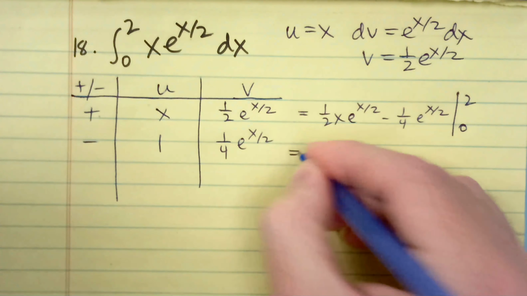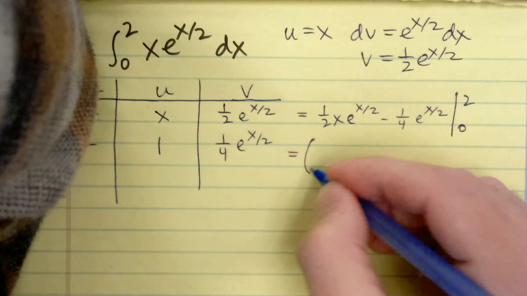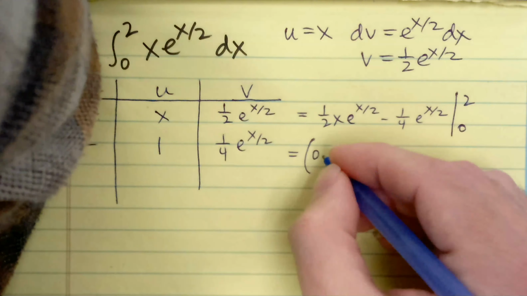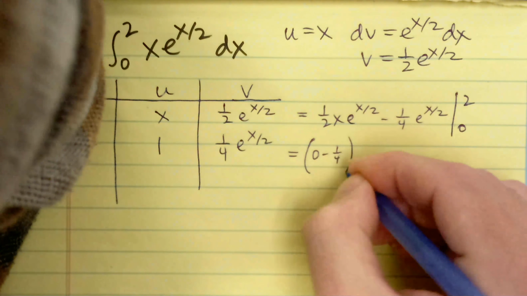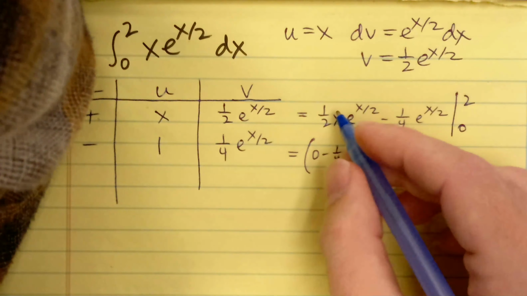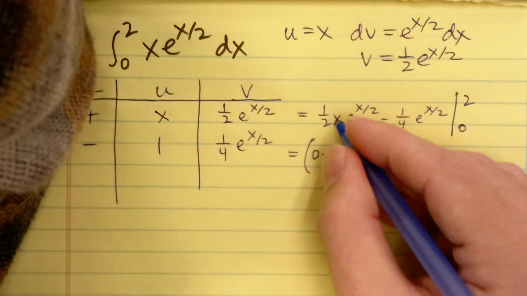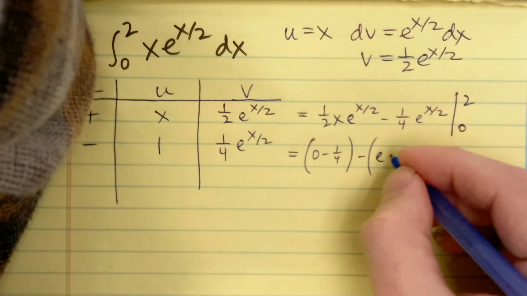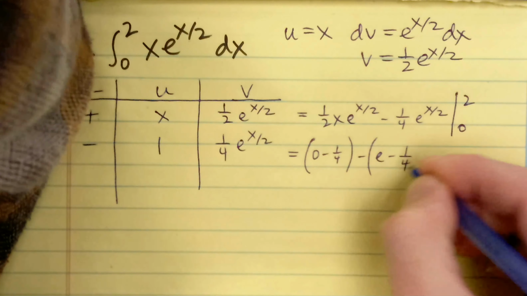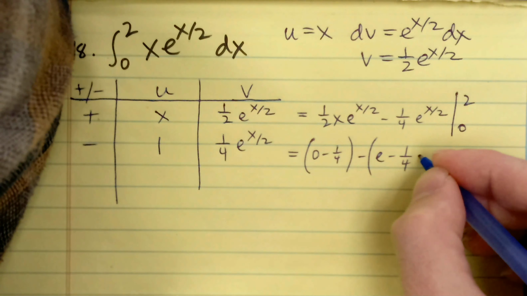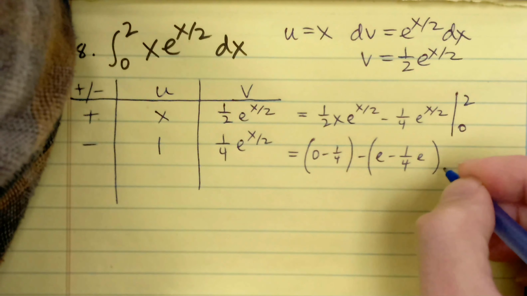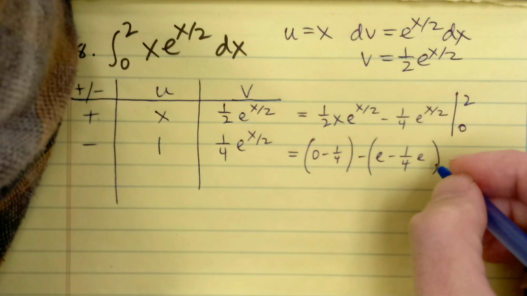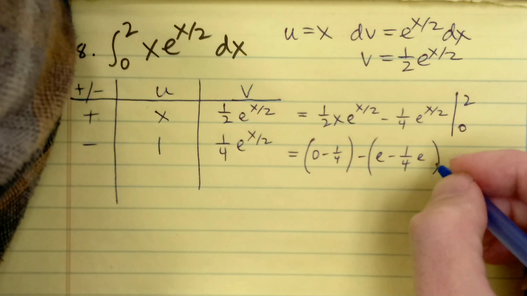And so when x is 0, I'm going to have that term is 0 minus 1/4. And then when x is 2, I'm going to have 1/2 of 2 is 1 e to the 1. I've done something wrong here.